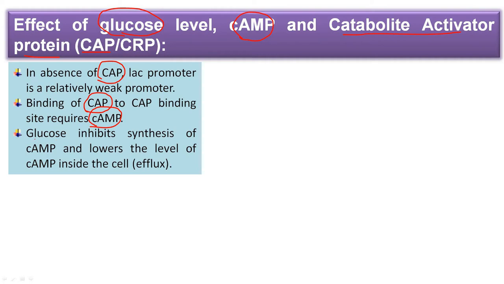Thus, for efficient binding of RNAP to the promoter to initiate transcription, the bacteria need CAP. Without CAP, the RNA polymerase will not be able to bind to the promoter.